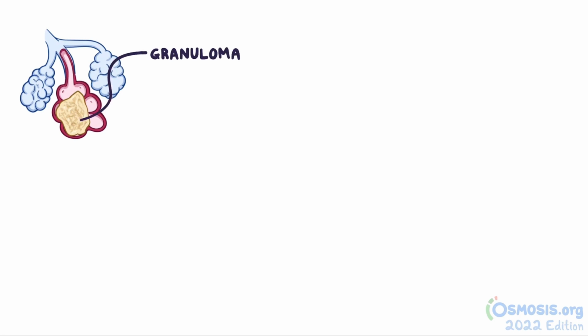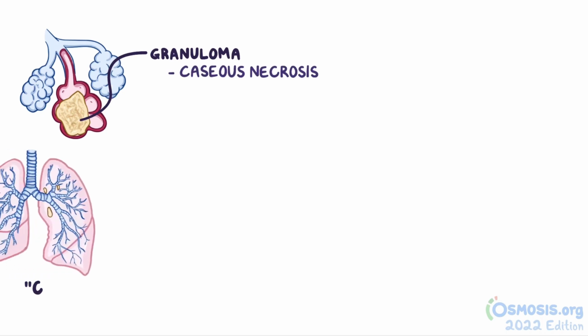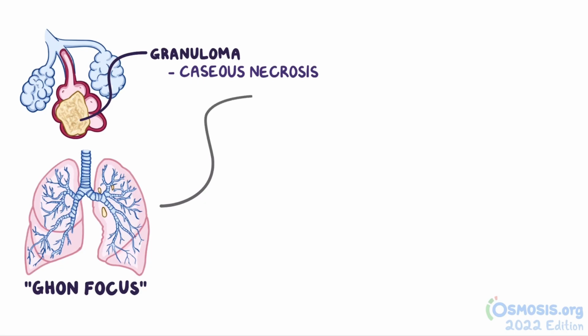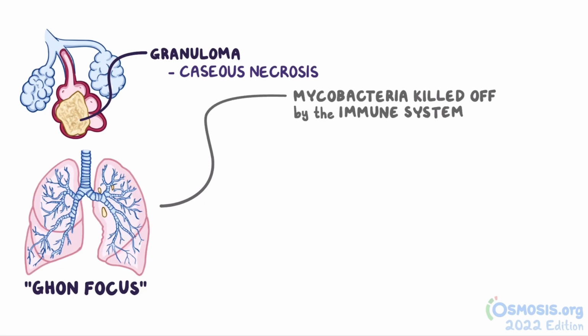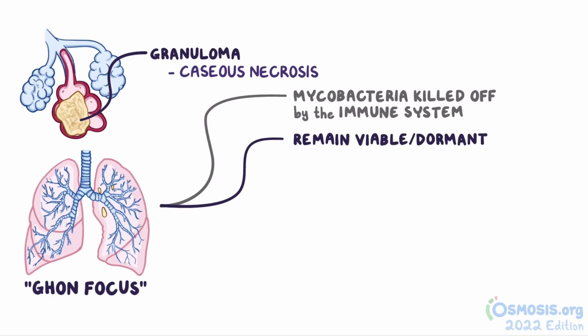The tissue inside the middle dies as a result, a process referred to as caseous necrosis. This is also known as a Ghon focus. In some cases, the mycobacteria is killed off by the immune system, and that's the end of that. In other cases, though, even though they were walled off, they remain viable and are therefore still alive, but they're just dormant. This stage of the disease is called latent TB.